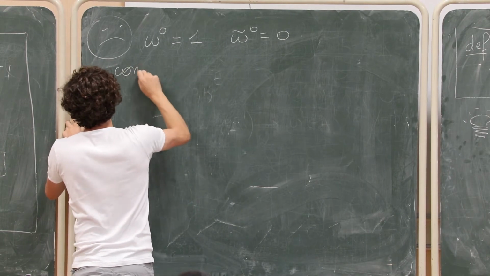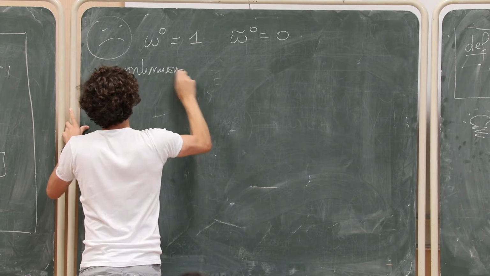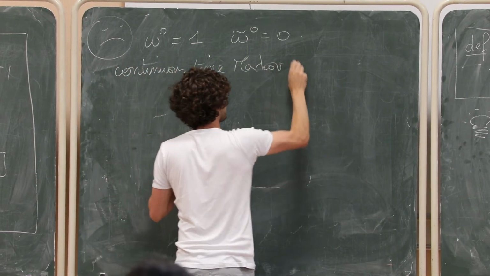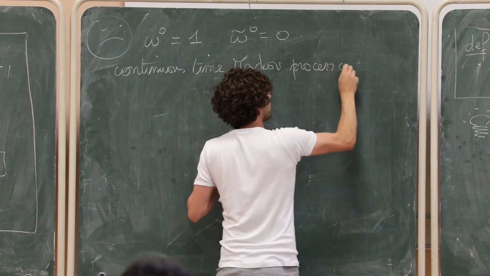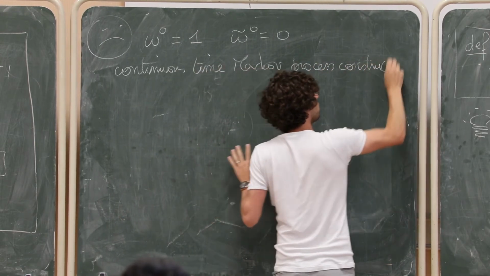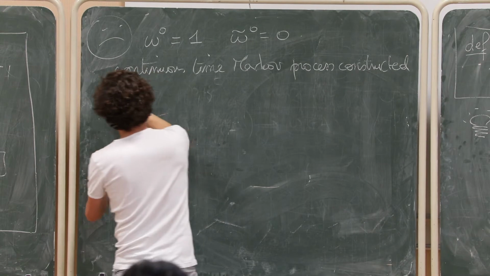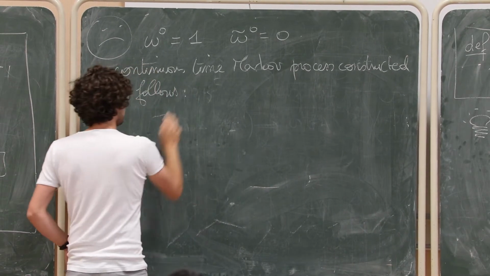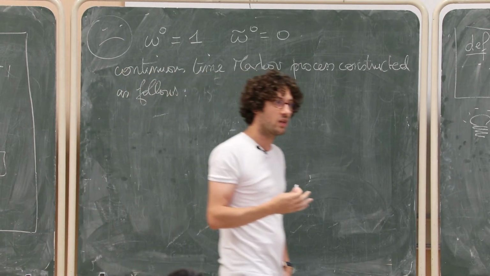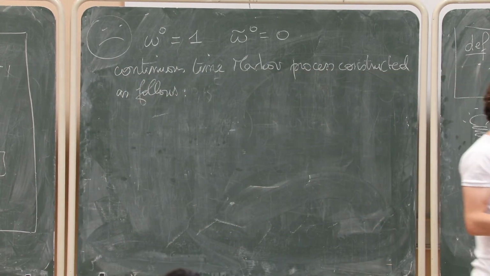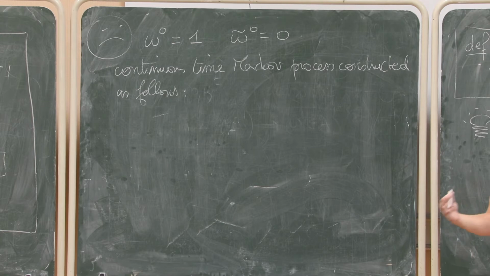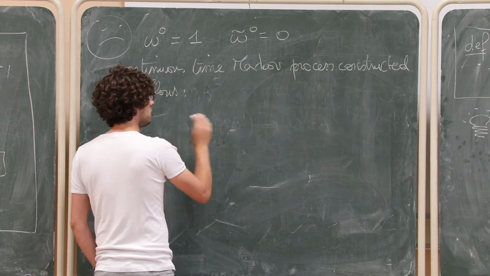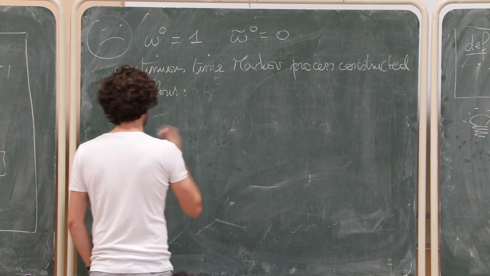So consider a continuous time Markov process constructed as follows. You have exponential clocks on every one of the edges. And as soon as one rings, we are going to do something. And in order to do this, we need certain random variables.